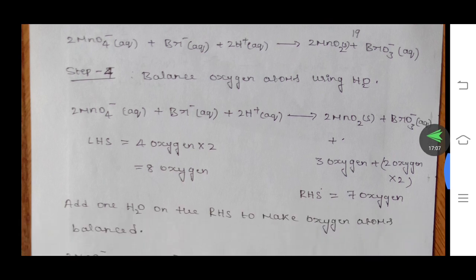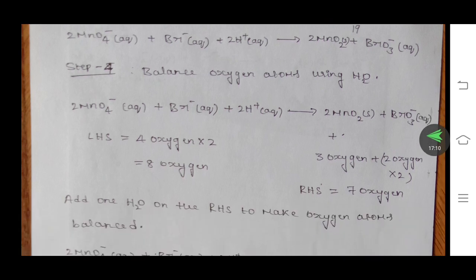Fourth step: balance oxygen atoms using H2O. 2MnO4 minus plus Br minus plus 2H plus gives 2MnO2 plus BrO3 minus. Now we have to find out how many oxygen atoms are present on the left side. That is 2 into 4, so a total of 8 oxygen atoms on the left hand side.